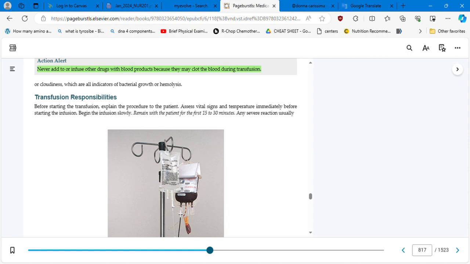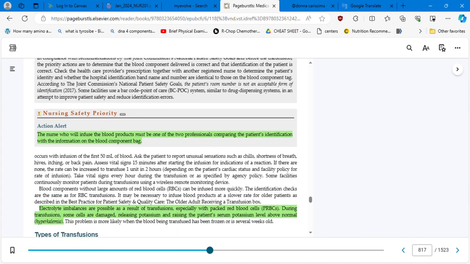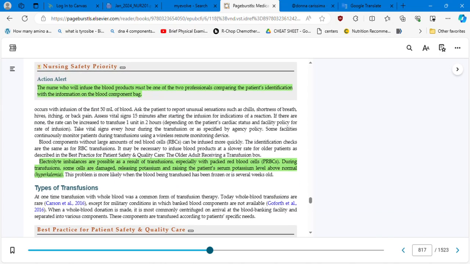Okay, the transfusion responsibilities, you can read about this. Nursing safety priority: the nurse who will infuse the blood products must be one of the two professionals comparing the patient identification with information of the blood. Always two nurses are checking the products and the blood types.